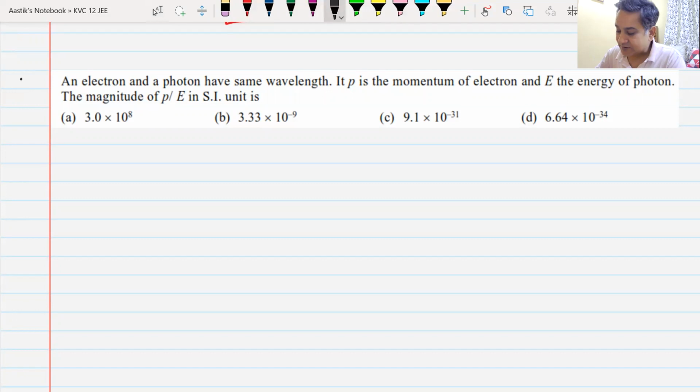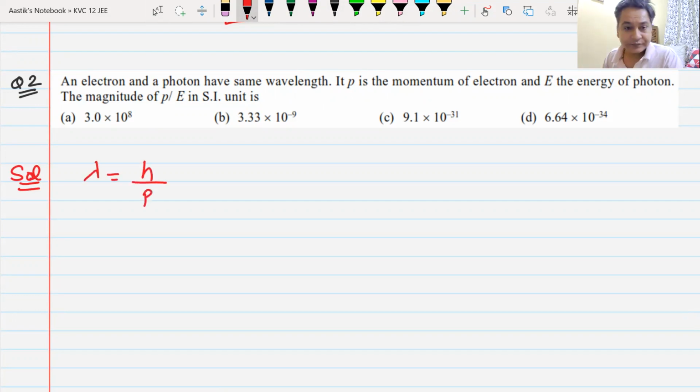How did we get this? Just understand the concept correctly and everything becomes easy. An electron and a photon have the same wavelength. So lambda is the same. For the electron, lambda will be h by p, where p is the momentum of the electron. Yes or no? Okay.